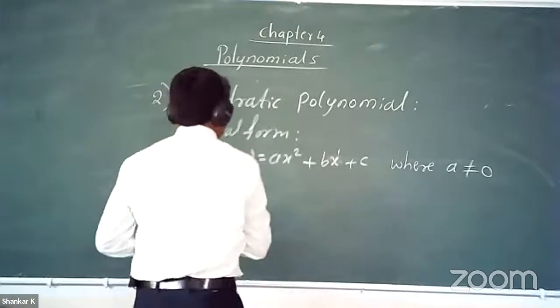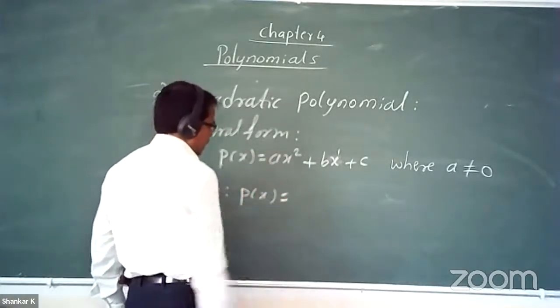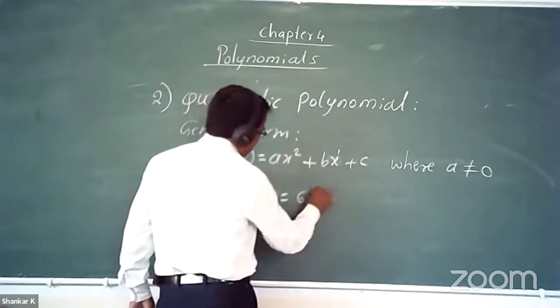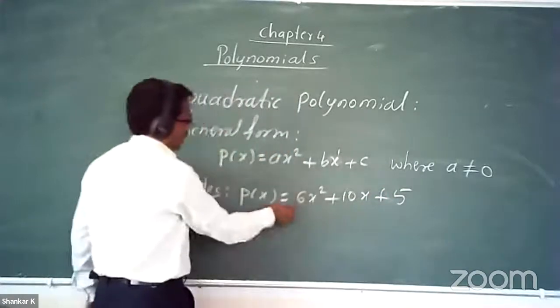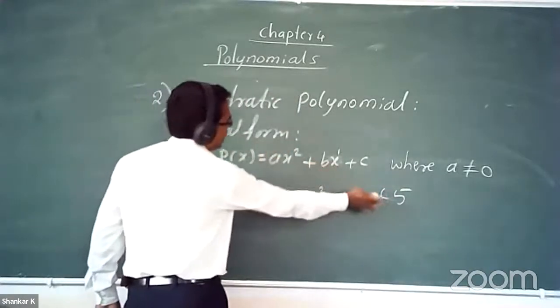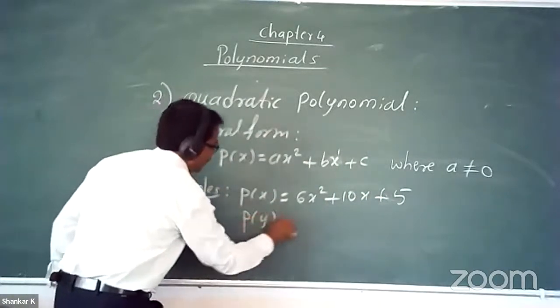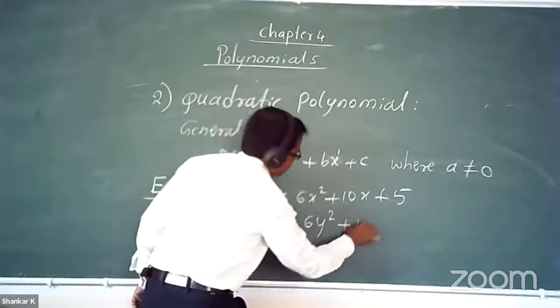For this, some examples. So p of x, a polynomial in x, we can write 6x square plus 10x plus 5. So a is 6, b is 10, c is 5. Another one, p of y equal to 6y square plus 10.